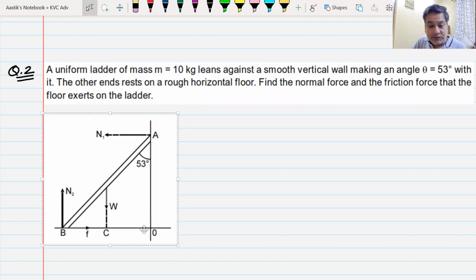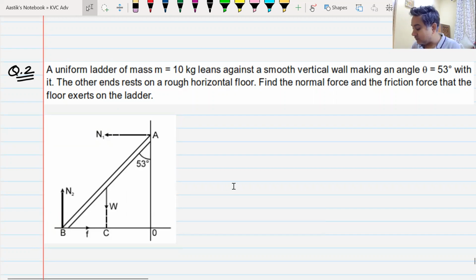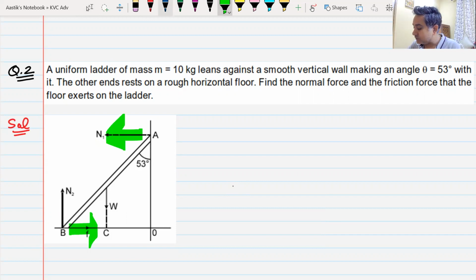Okay. So how am I supposed to do this? This is the diagram that I have drawn. The diagram looks good. From this diagram, you can understand. Looking at the horizontal forces, this one is one horizontal force. This one is the second horizontal force.